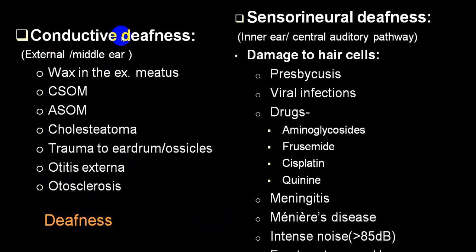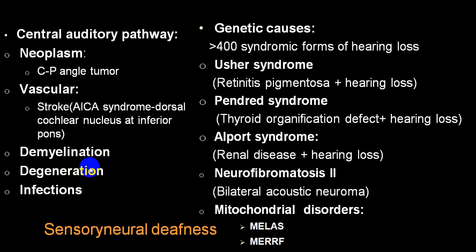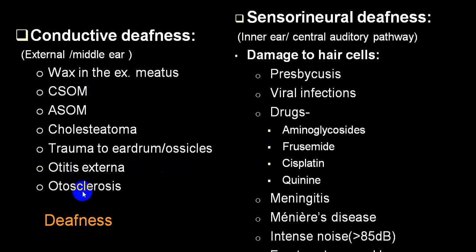You can have conductive deafness very frequently, as we have already mentioned: wax in the external ear or foreign body, or even insect, chronic otitis media, acute otitis media, cholesteatoma, eardrum damage. Then otosclerosis of bones, otitis externa can produce conductive deafness.